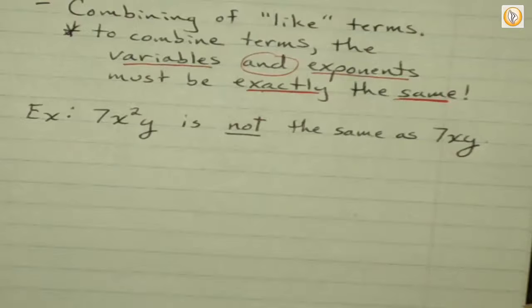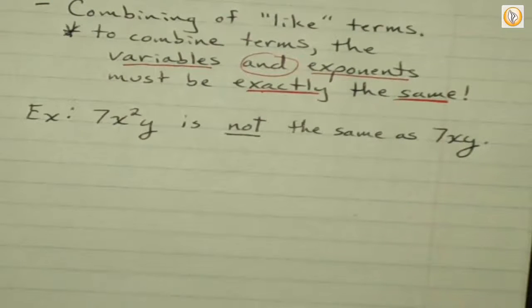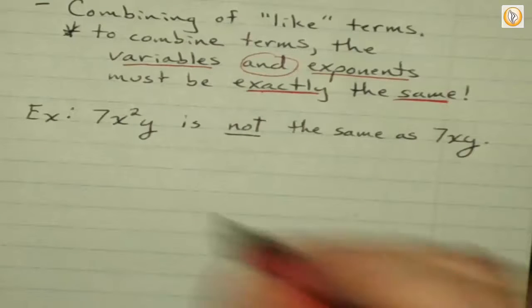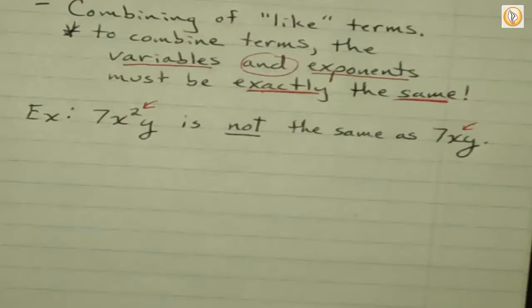You cannot combine that. What is different, Cecilia? This square. That's right. Because of that right there, you cannot combine that.